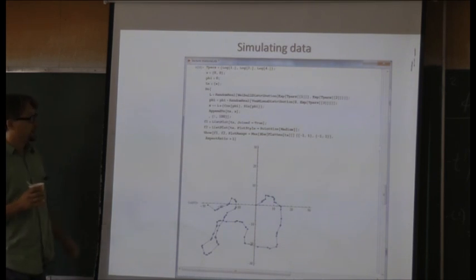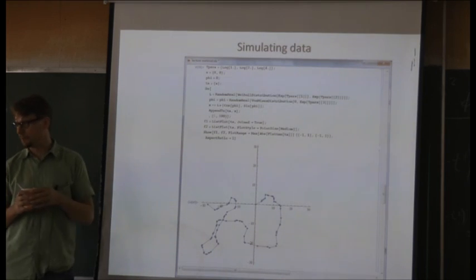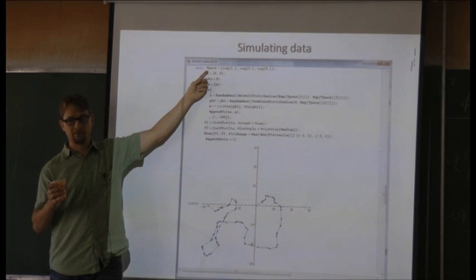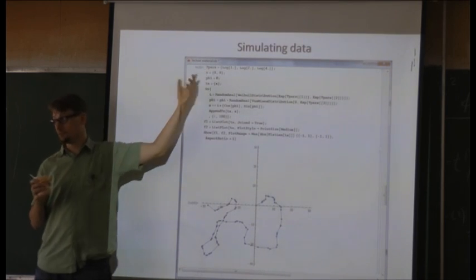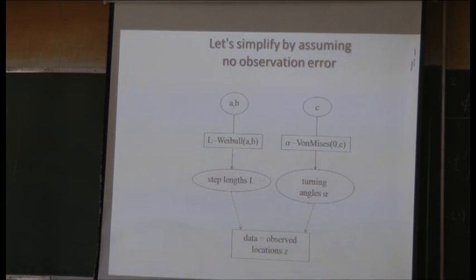First I simulate data, and to do that I have to decide about the parameter values. These are the true values of the parameters. I call them capital T pairs. Capital T means the true values. Now these parameters of the model, A, B, C, they all need to be positive parameters, because otherwise those distributions are not well defined.